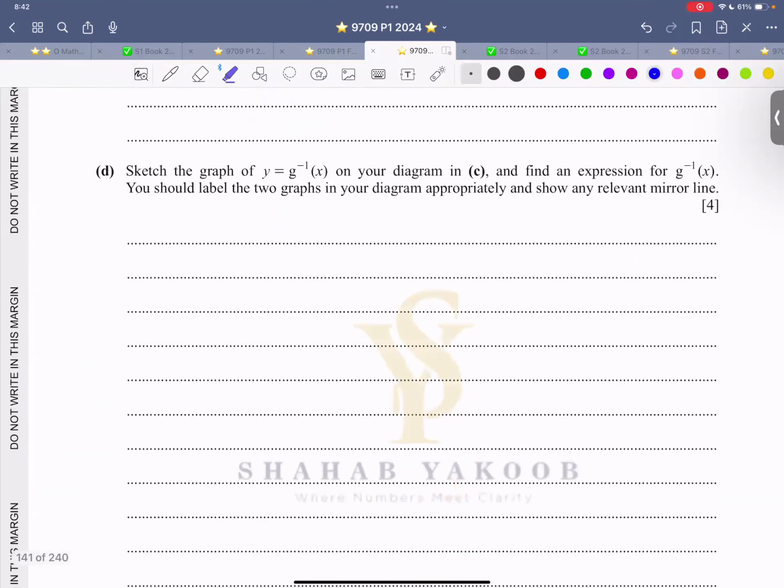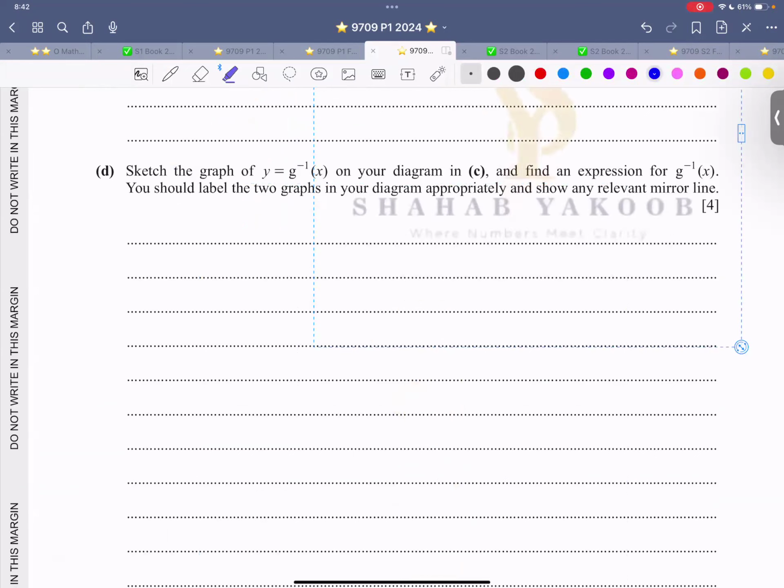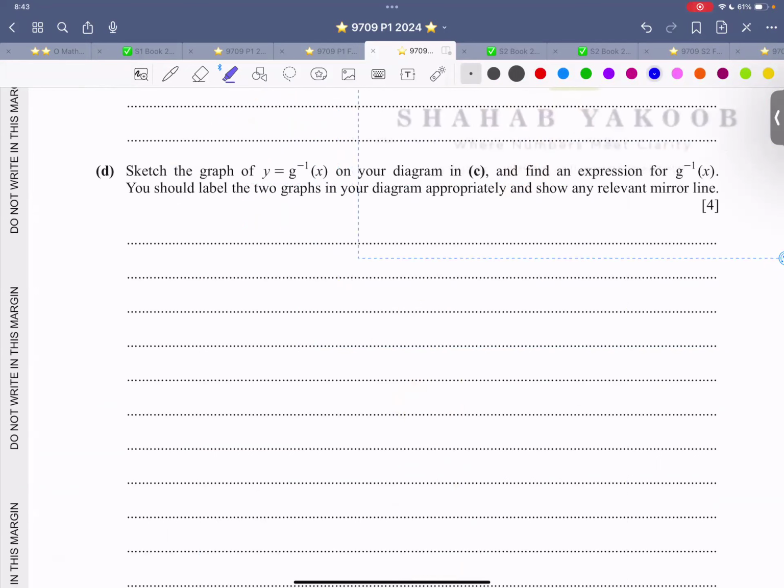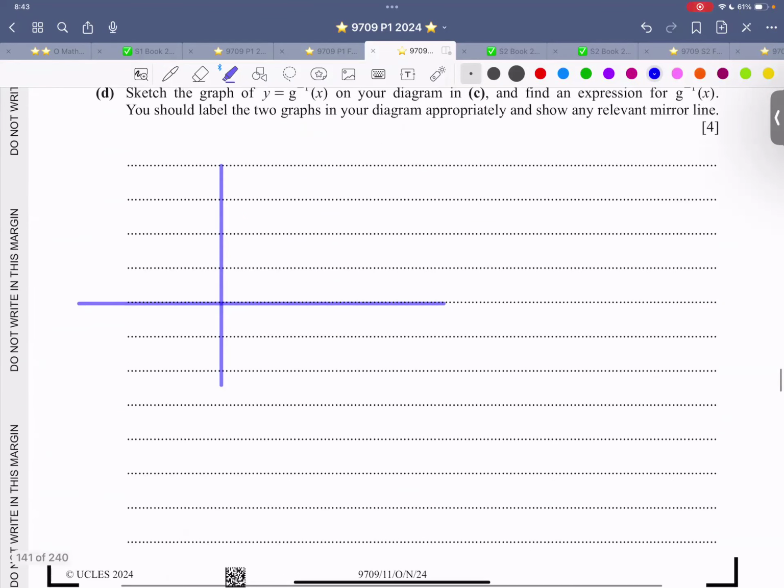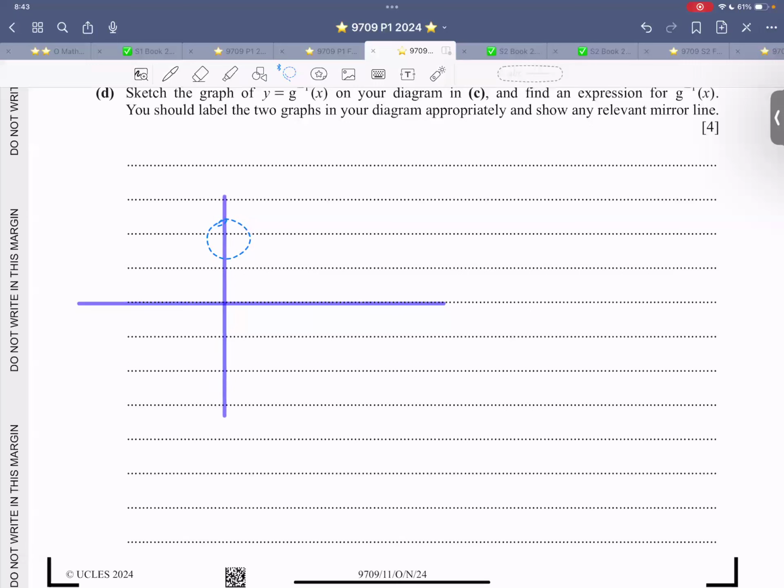So again, let me draw this grid over here. Let me just shift it up, and let me draw the graph over here. Let me just shift this a bit down. Now over here, the red color one is going like this.